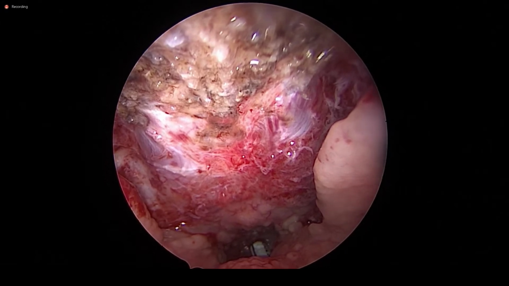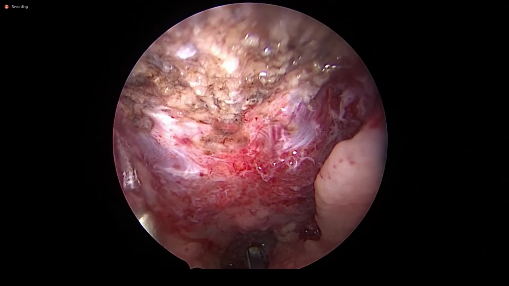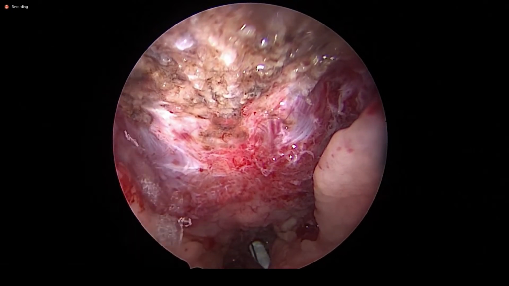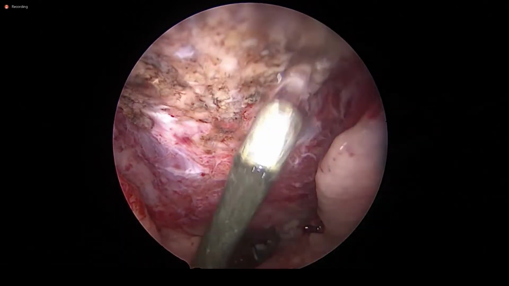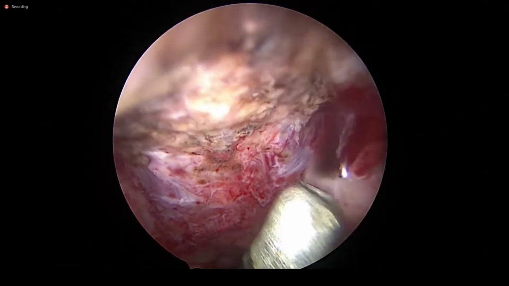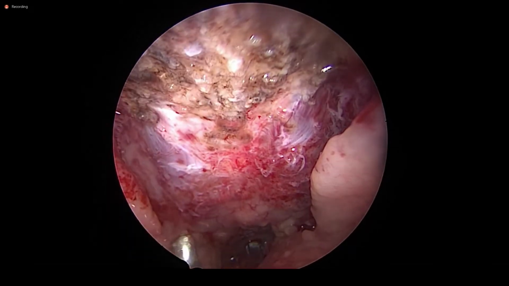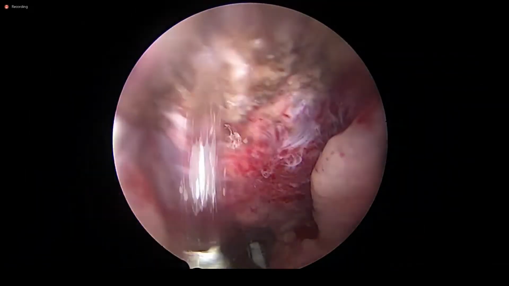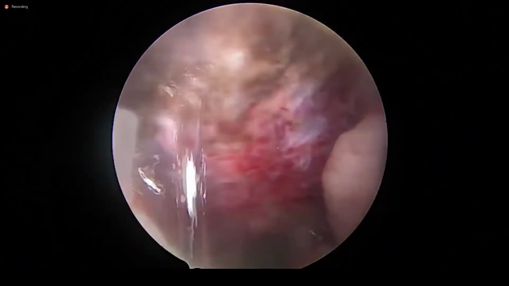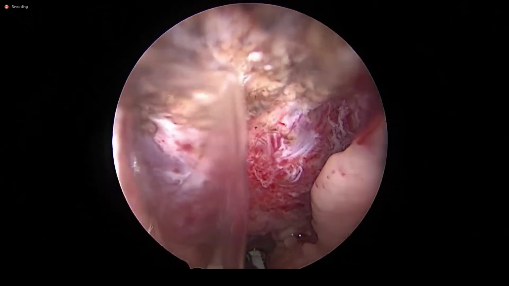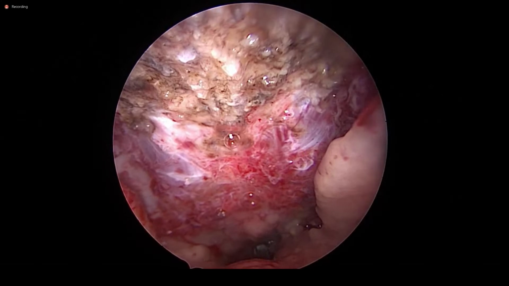See the lateral muscle. See the lateral limit. Can you see the lateral limit on either side? Very clear.